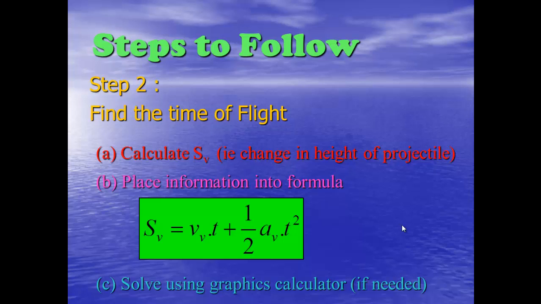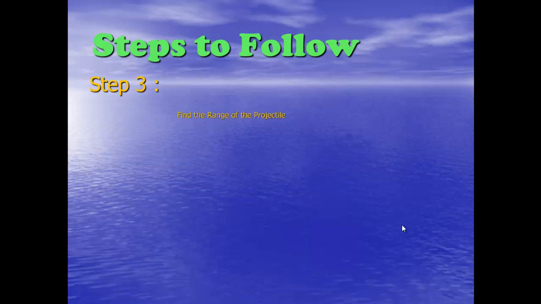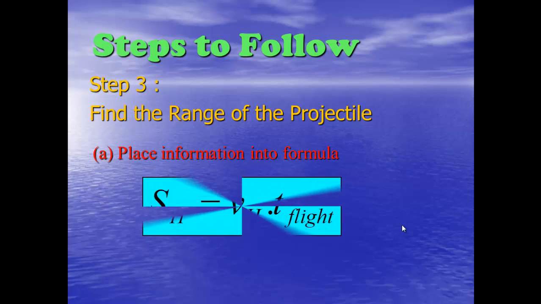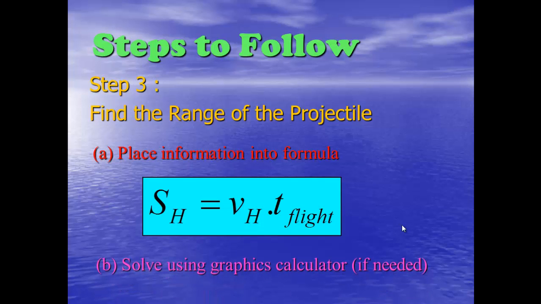If we're going below our starting position, our SV will be negative. We then rearrange that formula to make a quadratic, and then we can either graph it or put it in our graphics calculator and factorise it to find the time. Now to work out the range, we place that into the SH formula. Once we know our horizontal velocity and the time of flight, we can work out how far it goes.